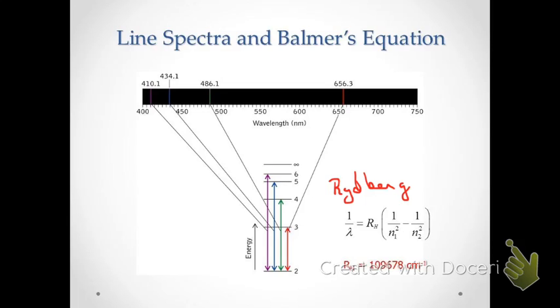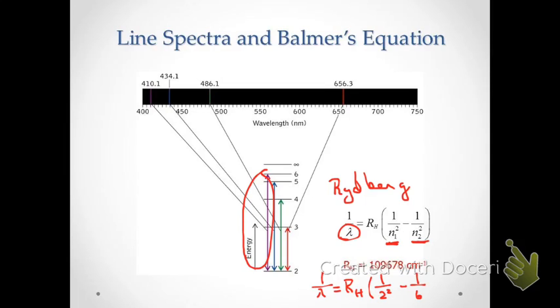So for the hydrogen atom, we have this equation that relates the wavelength emitted to the upper level and the lower level. For example, this violet line would correspond to an emission where 1 over the wavelength is equal to R sub H times the quantity 1 over 2 squared, the lower level, minus 1 over 6 squared, the upper level.